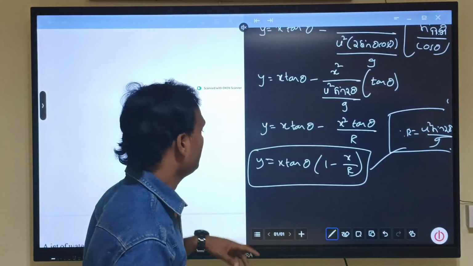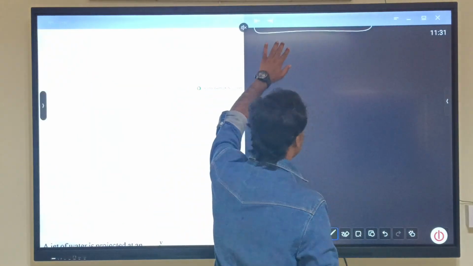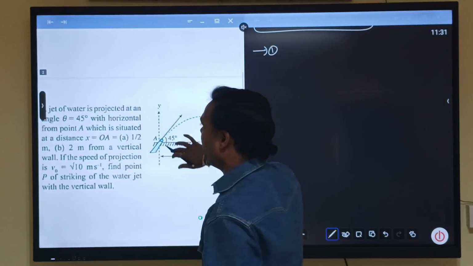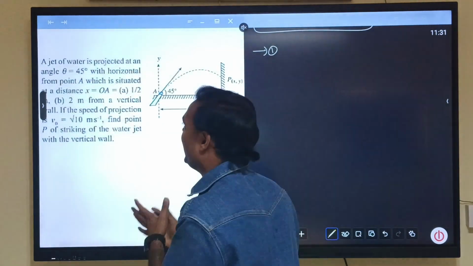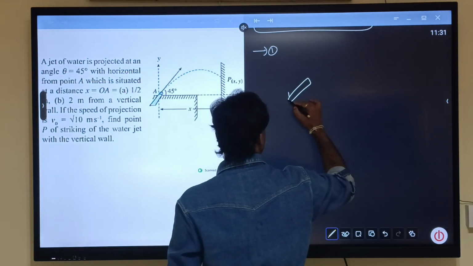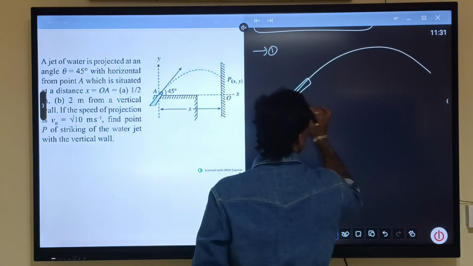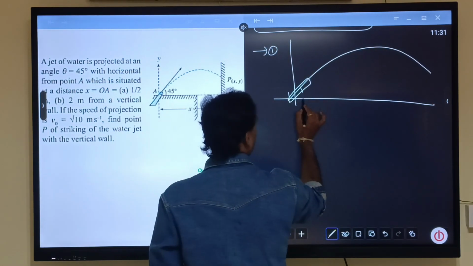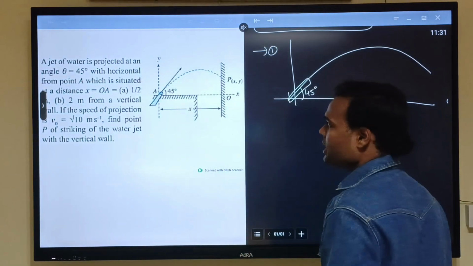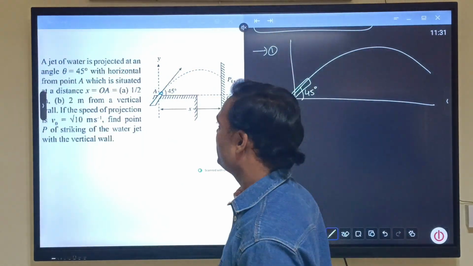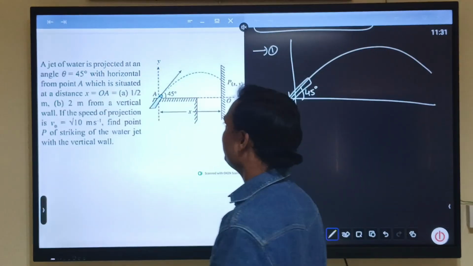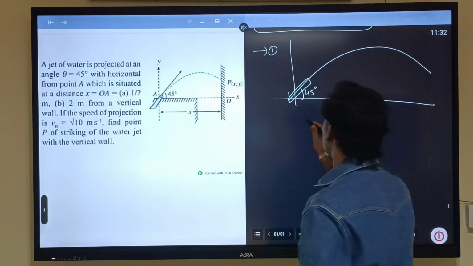And let us see some numericals over this trajectory equation. Number one: a jet of water is projected at an angle of theta is 45 degrees with the horizontal from point A, which is situated at a distance x is equals to OA.